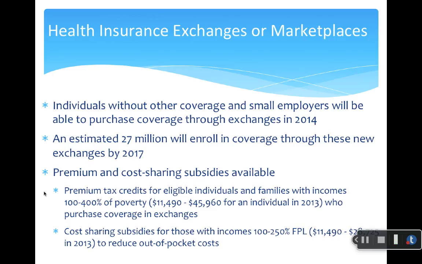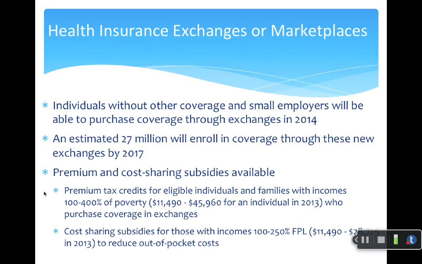Now, again, we've already talked about the premium and cost sharing subsidies that are available. So we've talked about the premiums. So if you make between 100 to 140% of the federal poverty level, you are eligible to receive money back on your tax return. There also is support for the poorest individuals at 100% to 250% of the federal poverty level to get money back for your out-of-pocket costs.